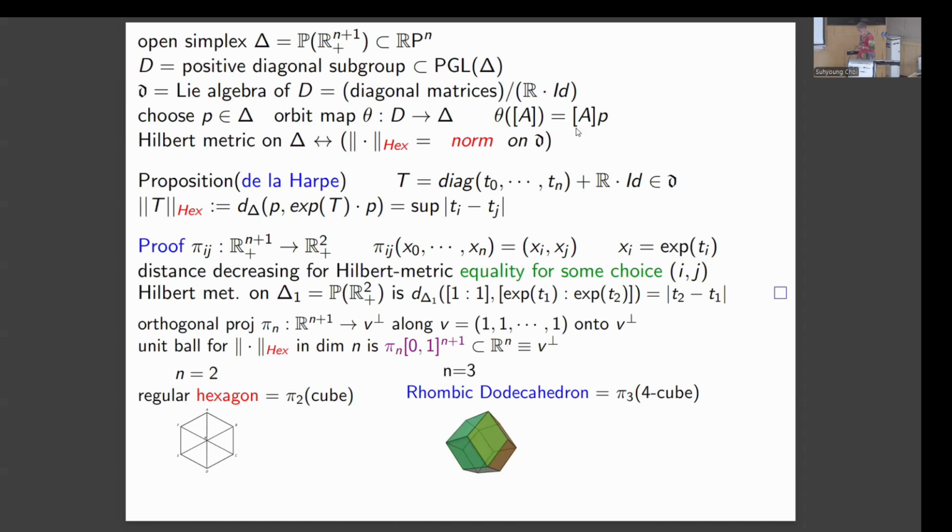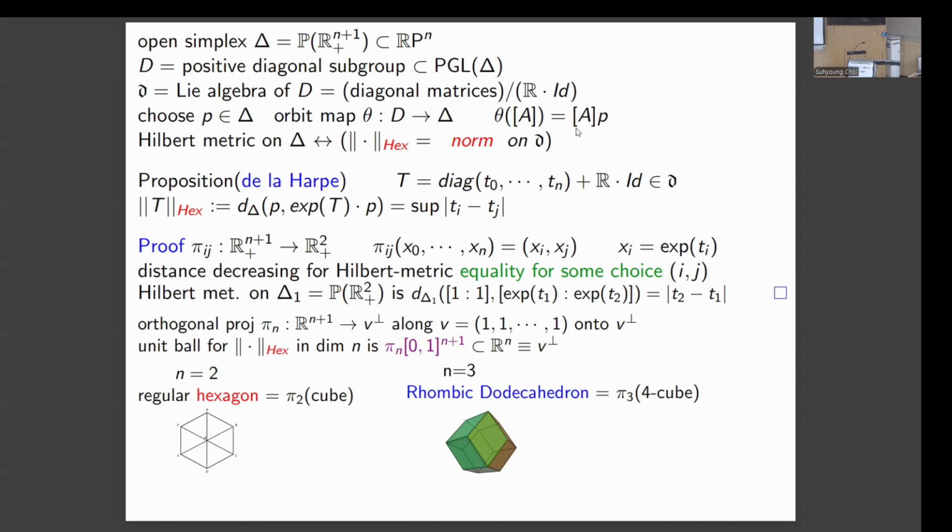An extreme example of that is when the domain is the interior of an open simplex. And the geometry from the projective point of view of an open simplex is very different. So I'm going to describe the Hilbert metric on the interior of an open simplex.